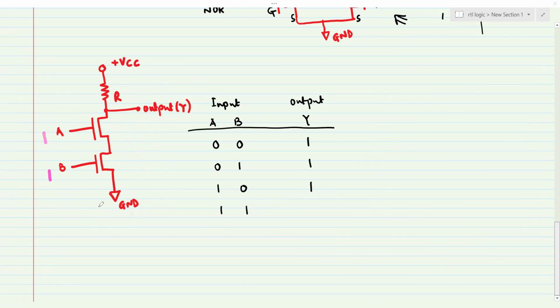Both inputs are at logic 1, and making both switches turned on, output is naturally connected to the lowest potential because both transistors act as a low resistance path. And then in that case, your output is 0.